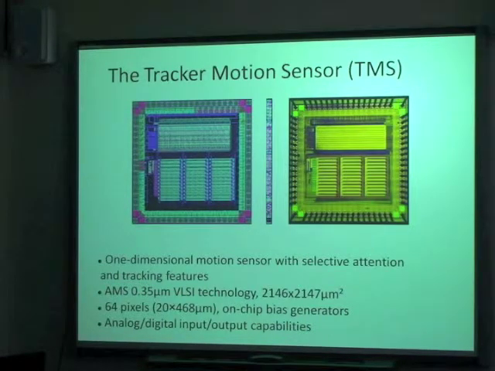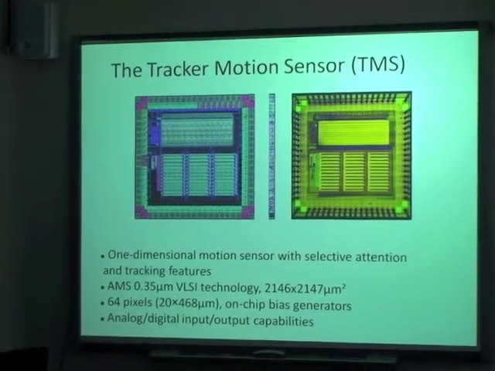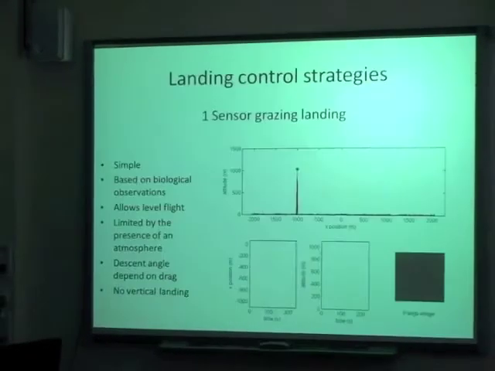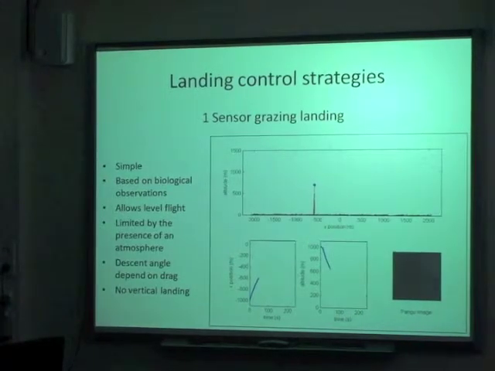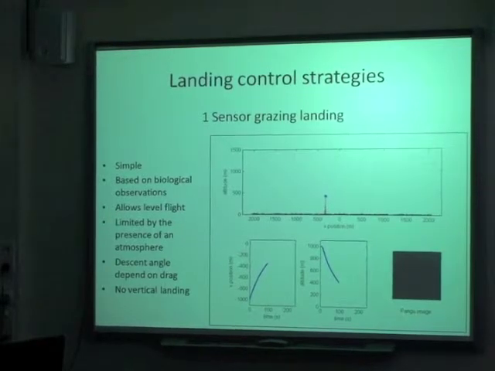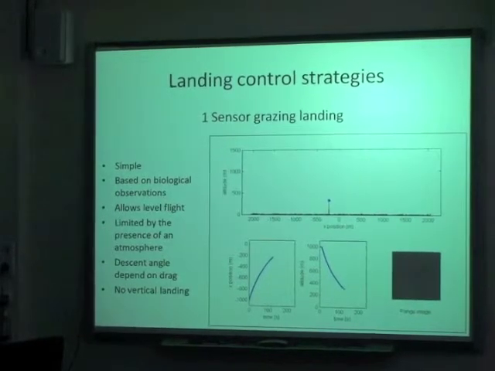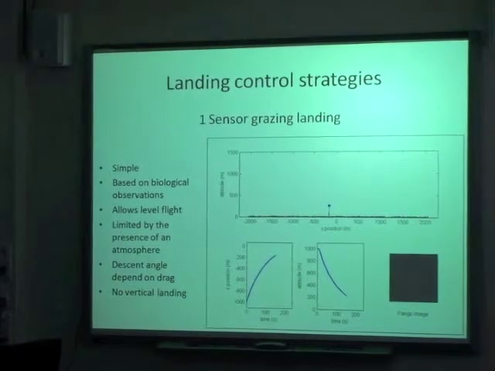Once we designed the chip, we did a simulation of it in Simulink and integrated it all in our framework, and we started doing some simple landing control, which is based on biological observation. This, for example, is very close to what Professor Franceschini in Marseille is also doing.